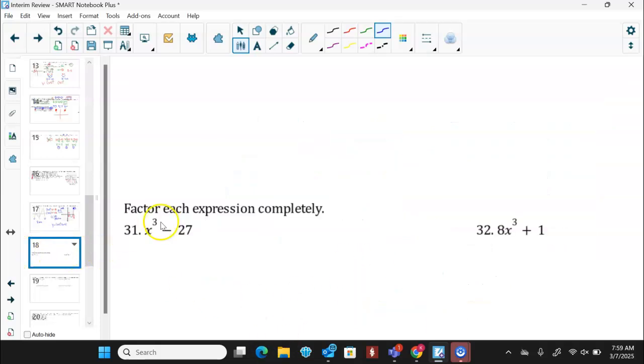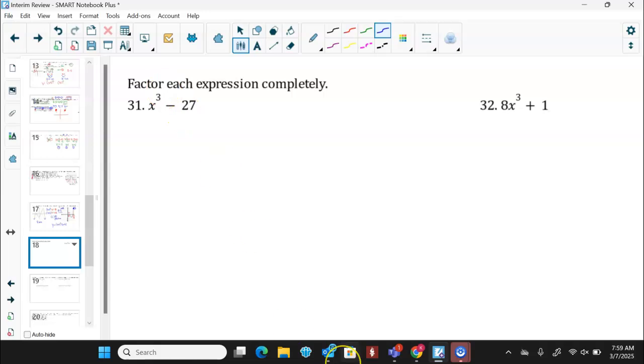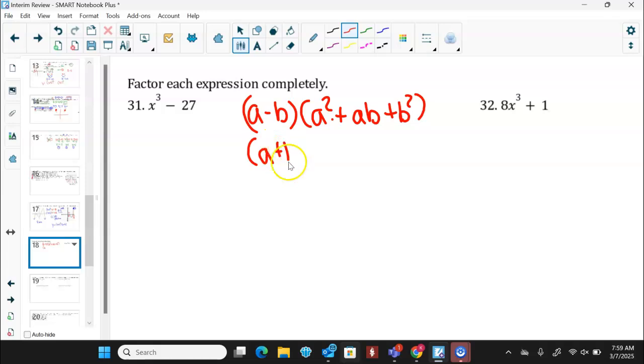All right. Moving on to 31. So this is factor each expression. Because you only got 2 items here, remember that we are going to use our formula: a minus b, a squared, flip the sign, a times b plus b positive at all times, or a plus b, a squared, flip the sign, a times b, always b positive squared. Okay?